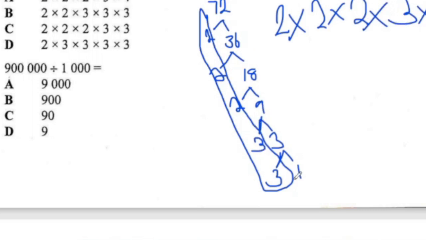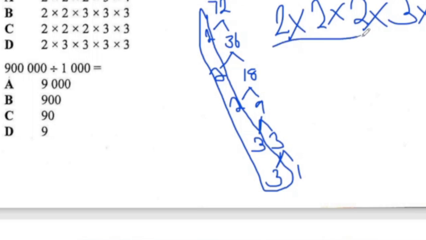So there are 2 3's and 3 2's. Like this, 2 times 2 is 4, 4 times 2 is 8, 8 times 3 will give us 24, and 24 times 3 will give us 72.